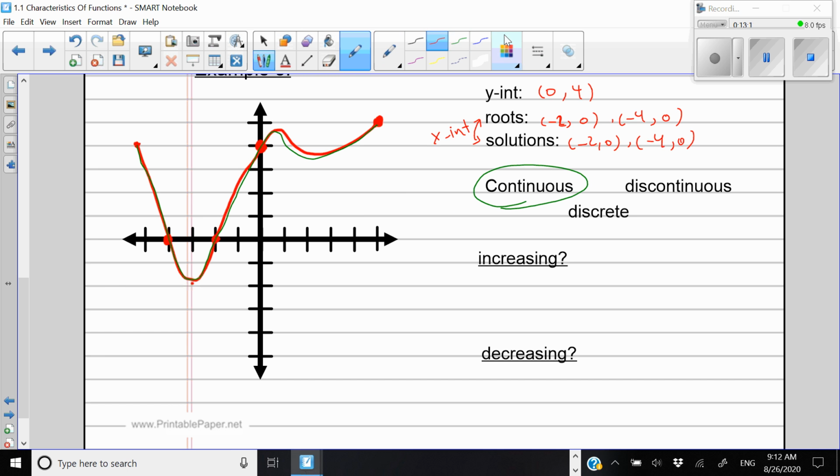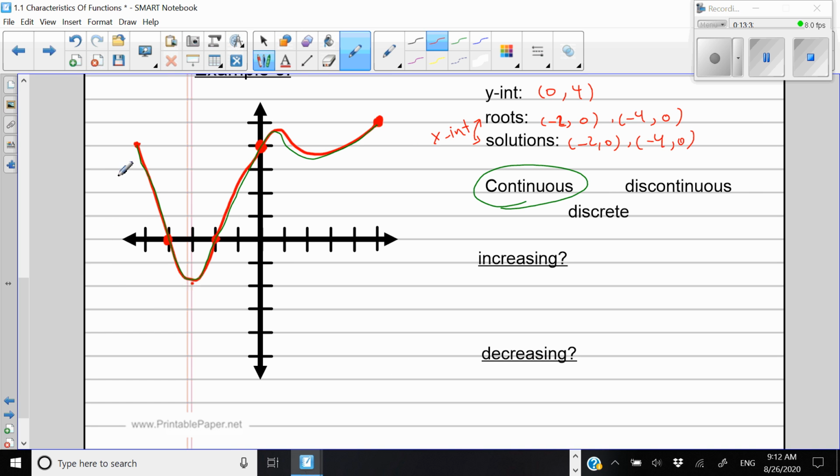Now I want to see on what interval, or where, my function is increasing. I'm going to move from left to right. I also want to find a decreasing area.